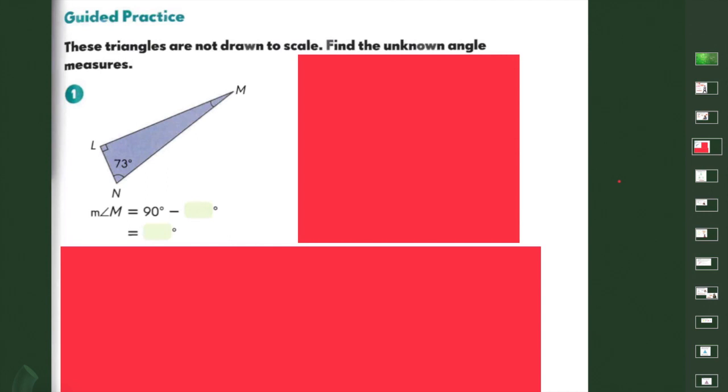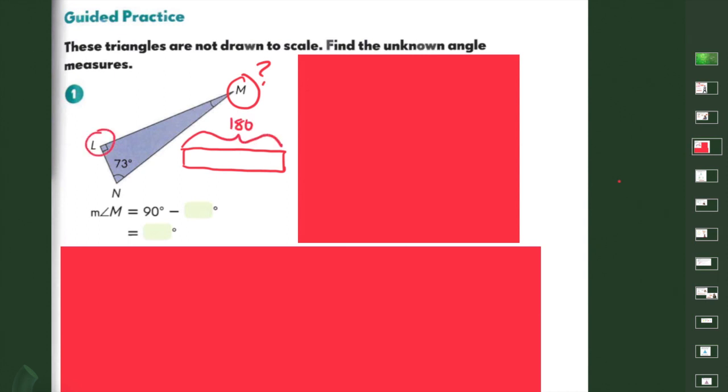Okay, your turn. Let's try number 1 together. It says these triangles are not drawn to scale, and you need to find the unknown angle measures. So let's look at triangle LNM. And the missing measure we can see is angle M. That's our question mark. We know that all three angles together must total 180 degrees.